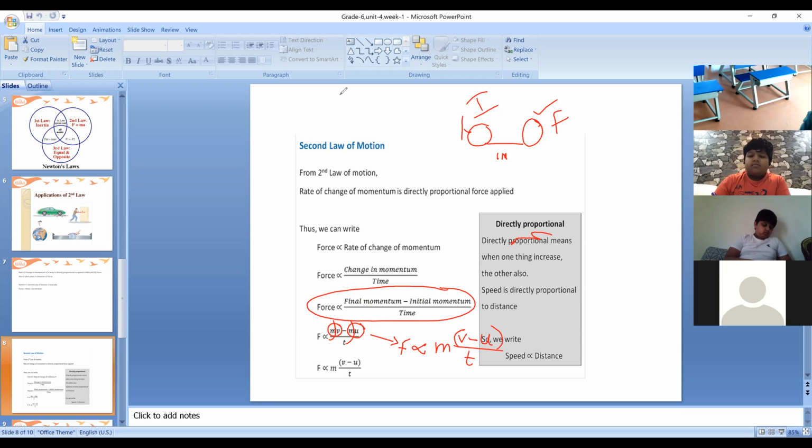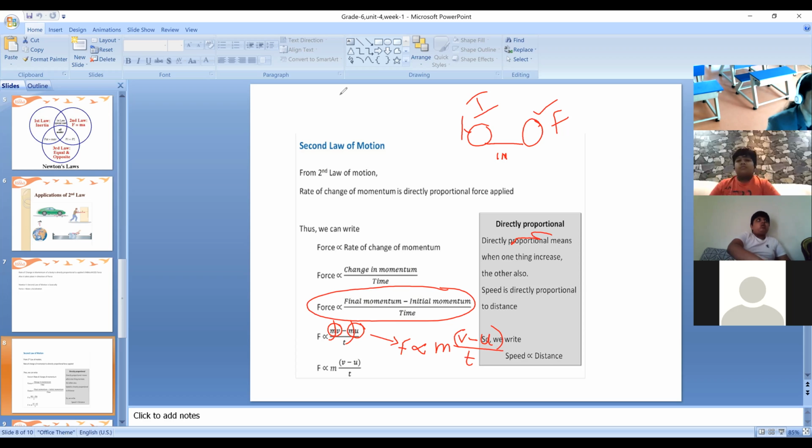Okay, so this is the formula which we use to define the rate of change of momentum. This is the second law of motion. So the formula has been given. If you are being asked to solve a problem, the digits will be given to you.